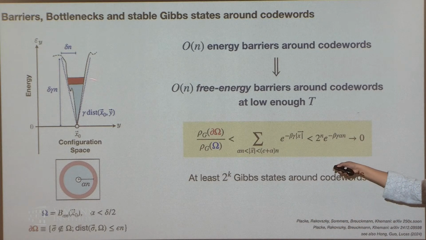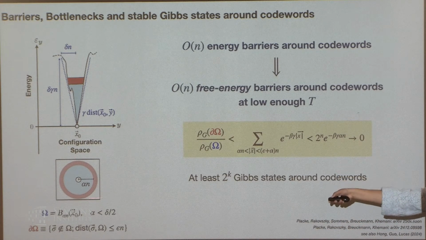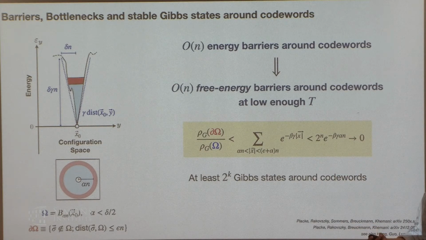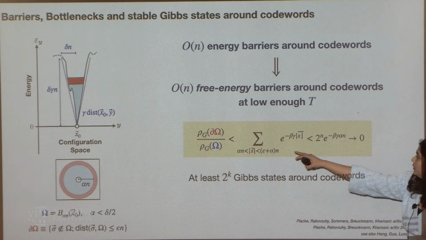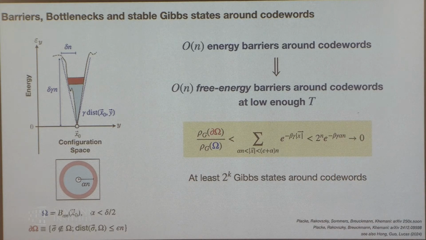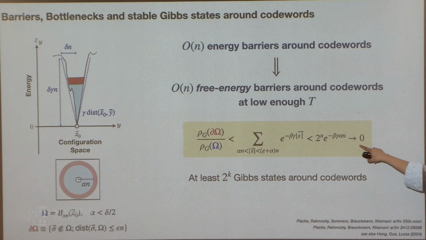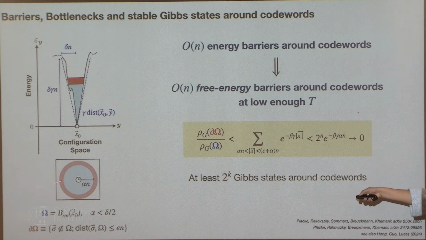The point is that everything in this boundary region just costs extensively more energy. So because it costs extensively more energy, even after taking this entropic consideration into account, you can show that as long as your temperature is low enough, there's an exponential free energy barrier here, and the lifetime of this bottleneck set is exponential in system size.